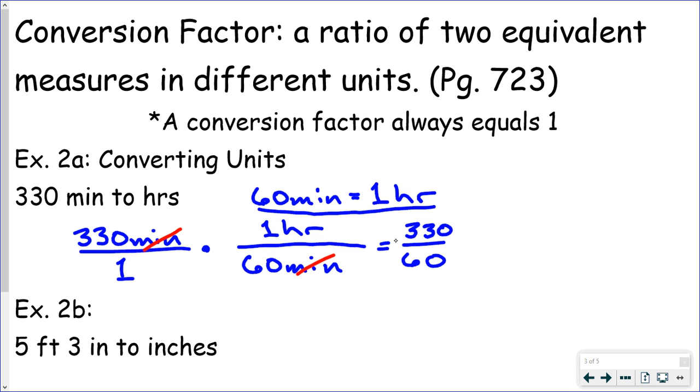This helps you determine whether you're dividing by 60 or multiplying by 60. If you set this up with the same units diagonal from each other, it will always guide you to the right way to do it. So if we take 330 divided by 60, we get 5.5 hours. So 330 minutes is 5.5 hours.